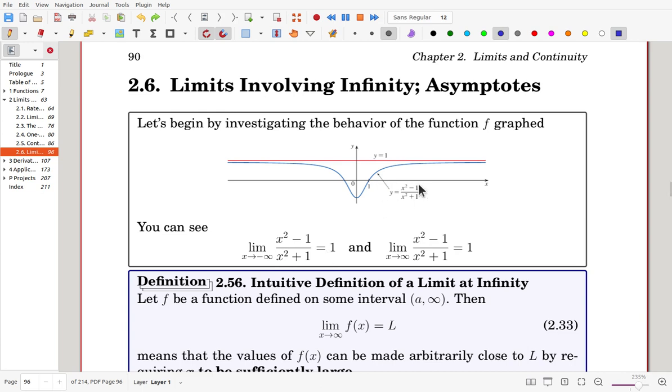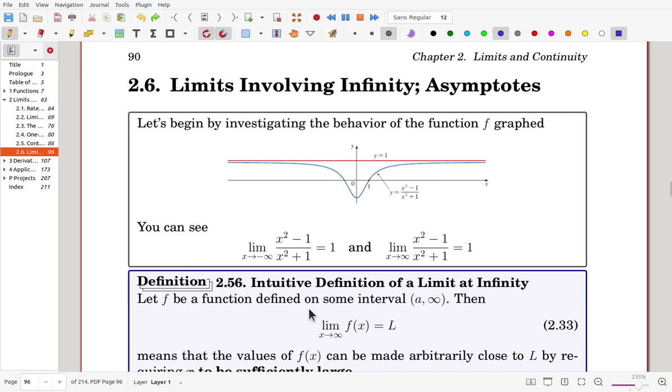And if x approaches infinity, then the function values become closer to 1. As in this example, some functions have limits as x approaches minus infinity or plus infinity.